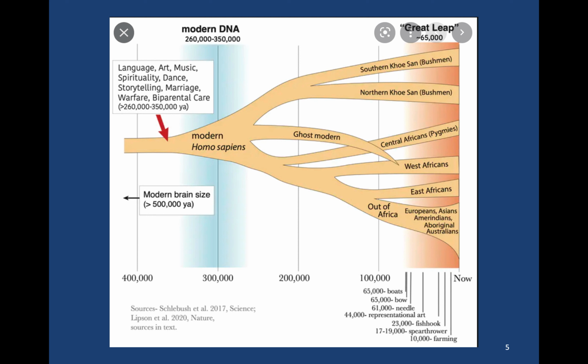I just found it online to augment what I was talking about. And what we have here in terms of human evolution are modern Homo sapiens, roughly 300,000 years ago, from which we have descended. And all the things that we celebrate and we are capable of and that we identify with being humans are evident going back at least 300,000 years, which is pretty damn cool.